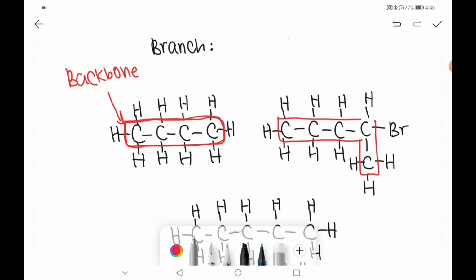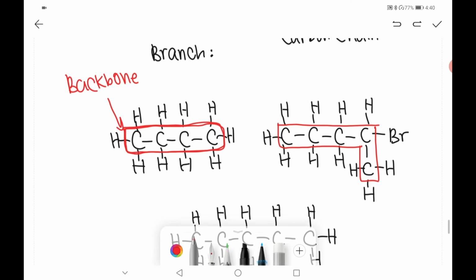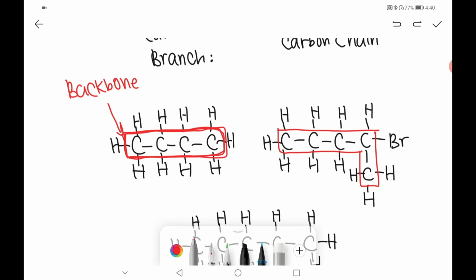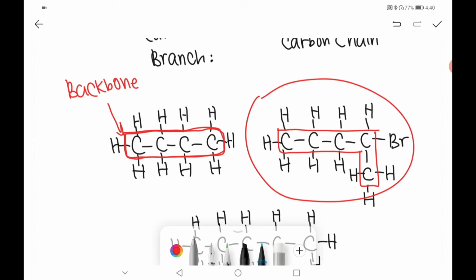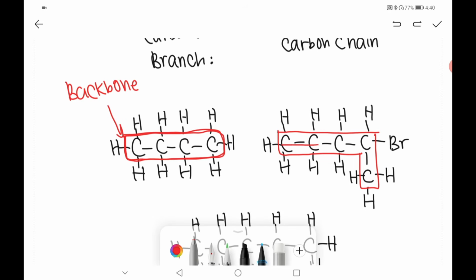Many students say, sir, this is L shape. It's okay, it's not a must to be a straight line only. When you draw it, you must draw in a straight line. But if the question gives you the diagram and you are looking for the longest carbon chain, as long as the carbons keep continuing, it's okay that the shape is not a horizontal line.